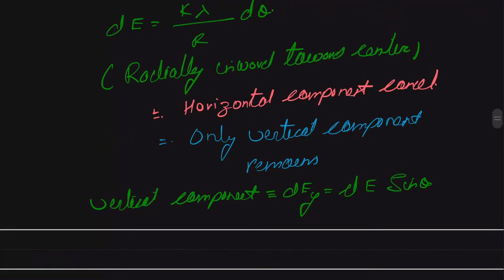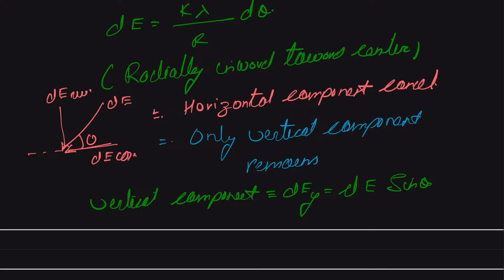Like I said, dE is radially inward toward the center, so it will be something like this, and this angle is theta. So this will be dE cos of theta, and this will be dE sine of theta.